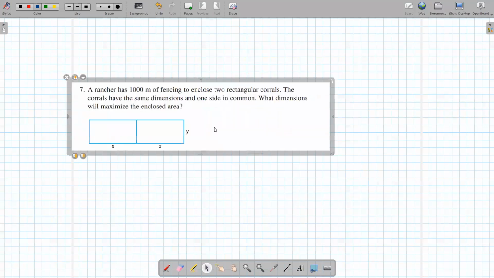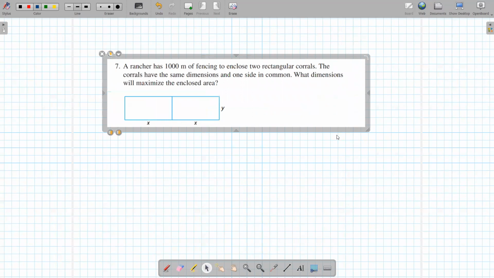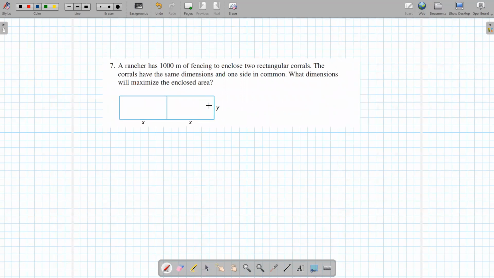All right, a similar question, but they've given us the diagram here. What is the perimeter of this diagram in terms of x and y? See, there's an x up here, there's an x up here, there's a y here, there's a y here, right?